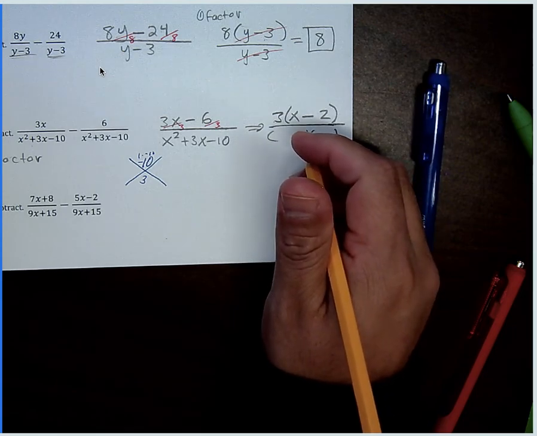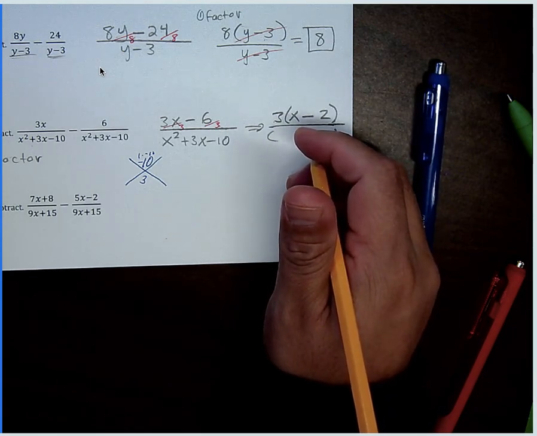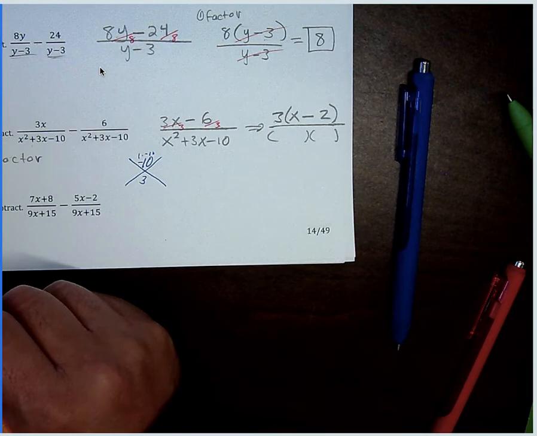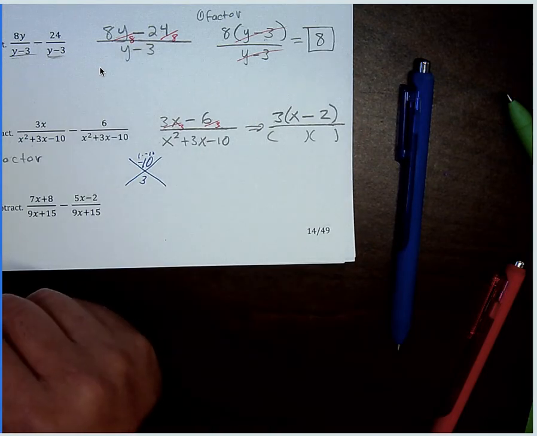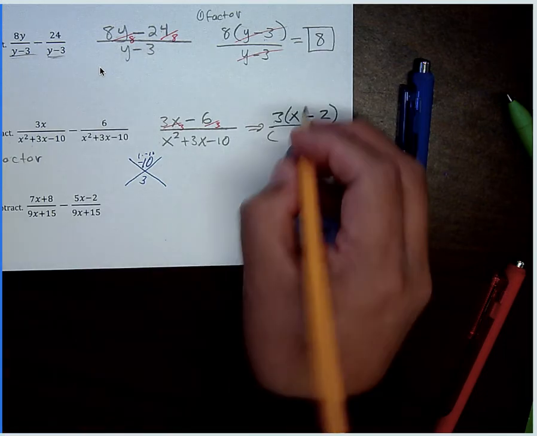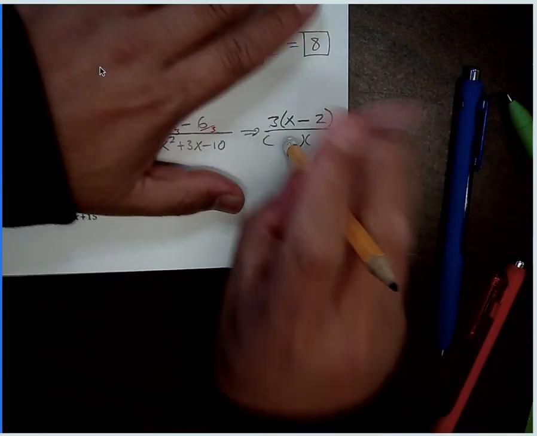Maybe it's not factorable, I'm gonna see. Because that would be 2 times 5, 10. 10 times 1, and that's it. So this cannot be factored. So I'm gonna have to leave it the way it is.